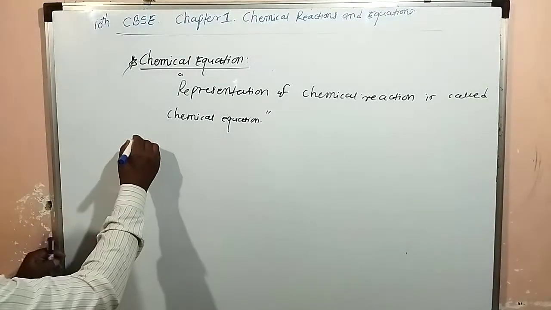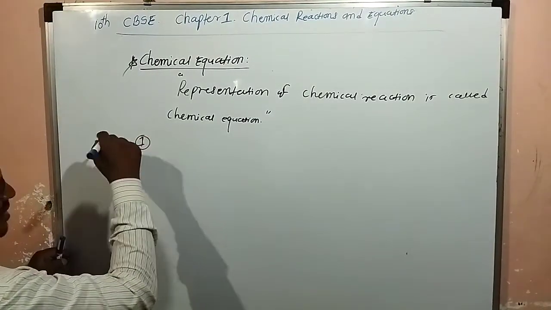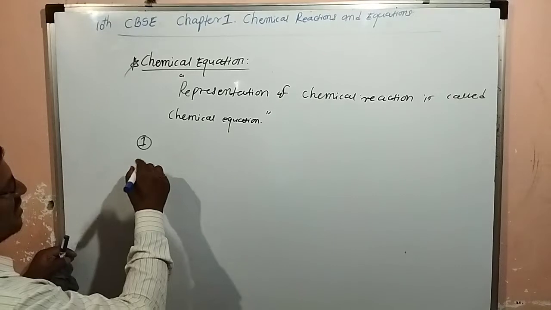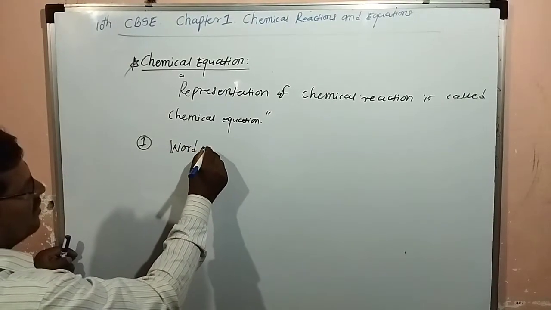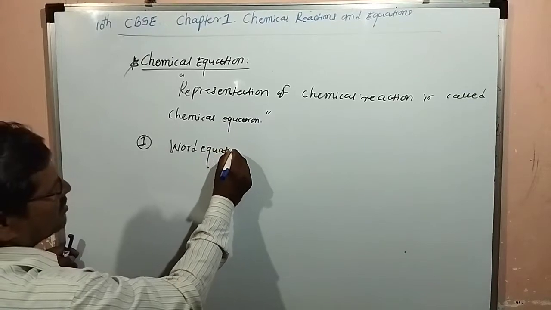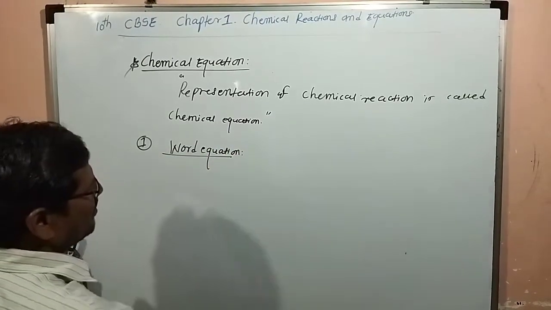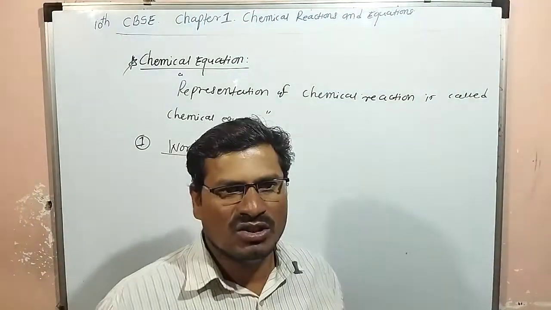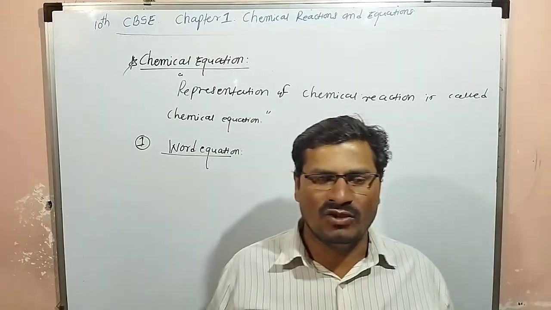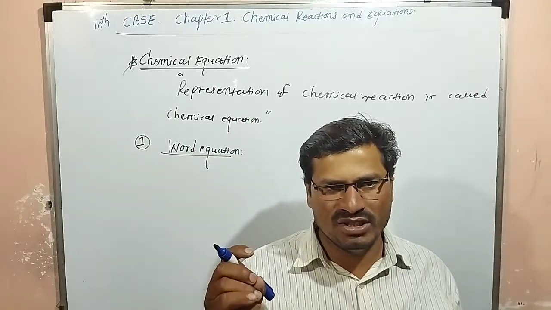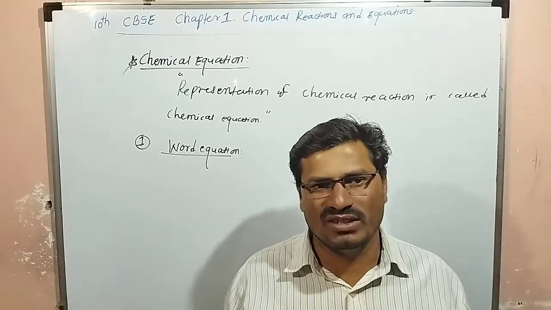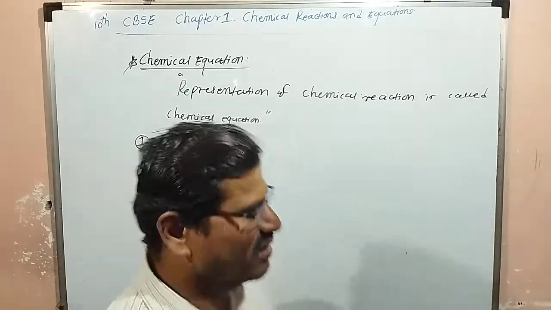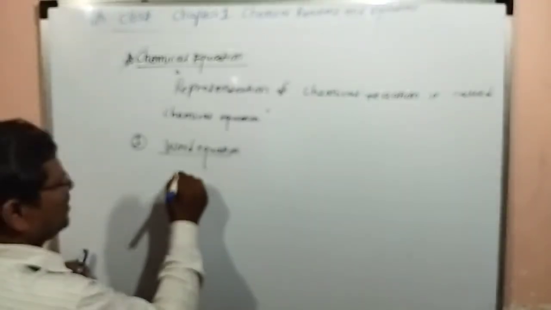The first form is the word equation. We'll see what is meant by word equation. Writing the chemical reaction or chemical change by using words or statements is a word equation. So what is meant by word equation?